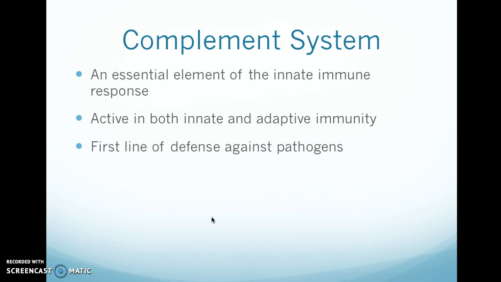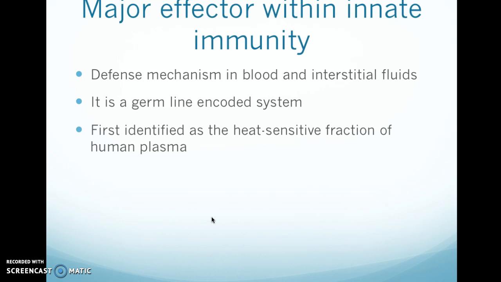Activation of complement and the subsequent biological responses occurs primarily in the extracellular environment. So again, it occurs primarily outside of the cell, with major effects within the innate immunity. So like I said, it's in both innate and adaptive, but mostly in innate.